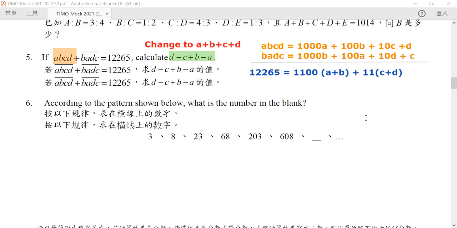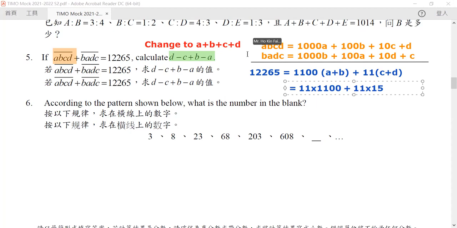So it's impossible for A plus B and C plus D to have different values here, because nothing can make the carryover of C plus D affect the 1100 part. Now, 12265 can be written as 11 times 1100 plus 11 times 15.